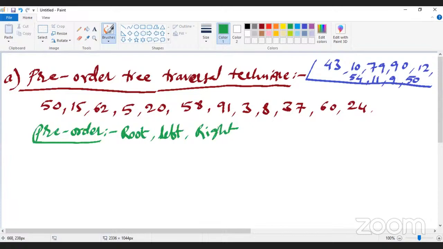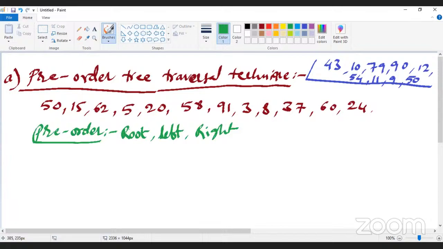Remember, P means first or before. In pre-order, root will be first. In in-order, root will be in the middle. In post-order, root will be the last. There are only three nodes: root node, left node, right node. In pre-order, root comes first, then left, then right. In in-order, root comes in the middle, with left before it and right after it. In post-order, root comes last.